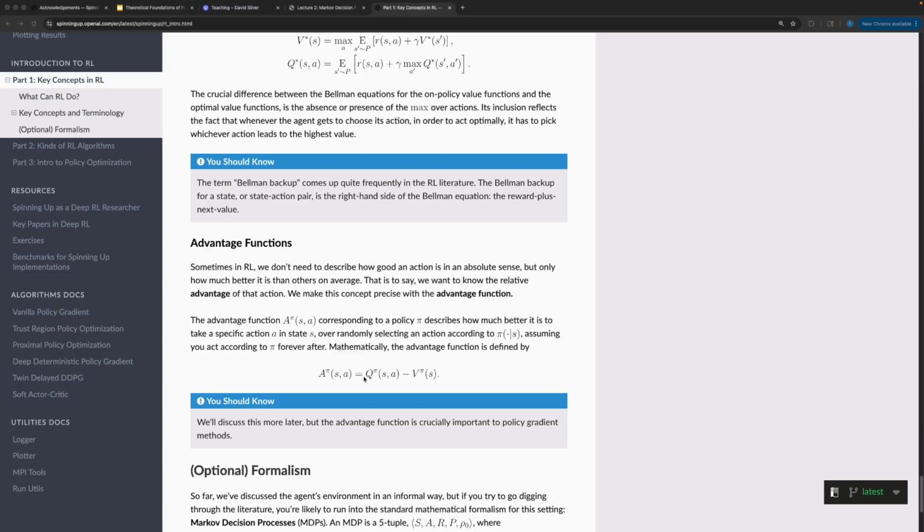So this difference gives you how good it is to pick an action a as compared to the action sampled from your policy pi. It gives you a measure of how good it is to pick an action a on average compared to the default behavior of that policy pi at that state s.